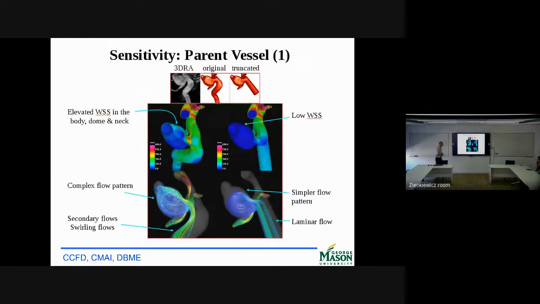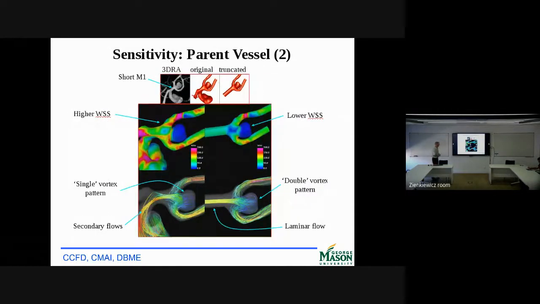You can see here, if you cut the aneurysm here instead of taking into account the upstream parts, you can get very different boundary conditions, very different flow patterns in there, different shears, different vortical motion, so it does matter. Okay, here's another case.